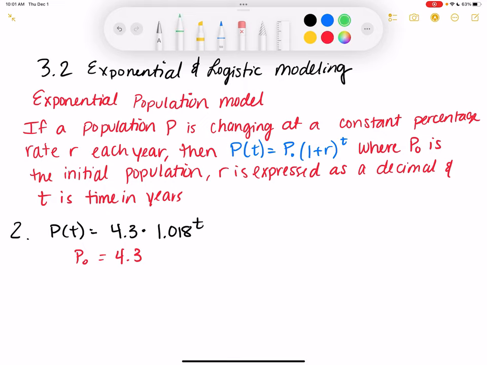And we need to remember that this 1.018 is 1 plus R, because that's what the formula is. So we have 1 plus R is equal to 1.018, so that means that R is equal to 0.018.